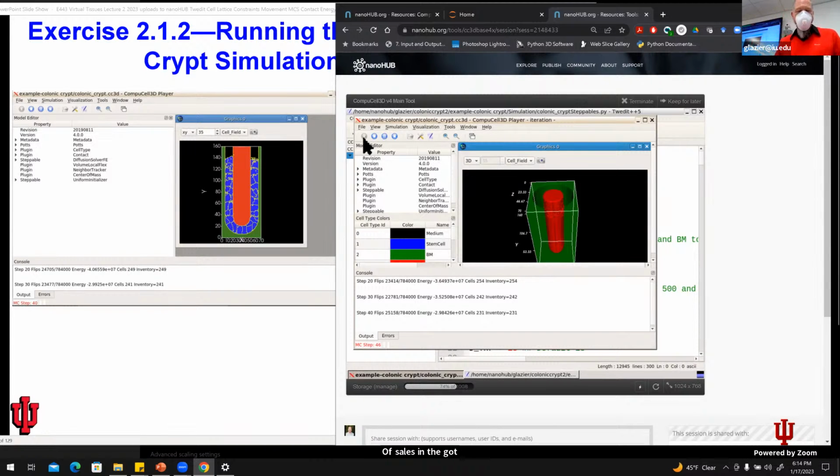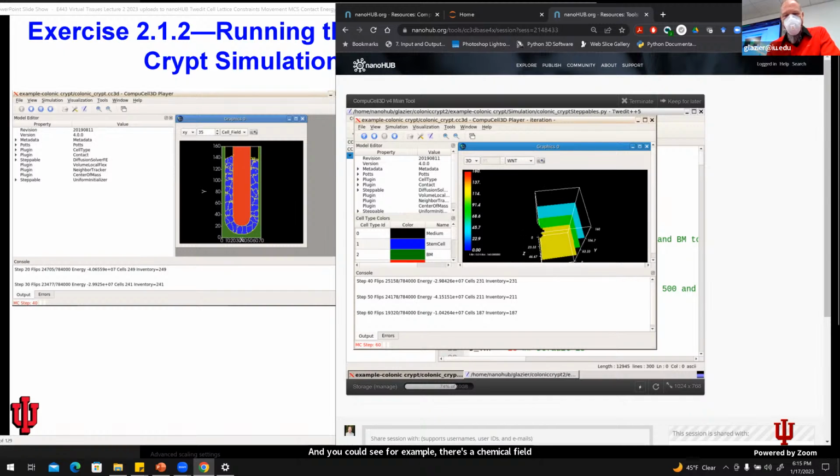So in this particular simulation, there are stem cells at the bottom of the colonic crypt. Those stem cells differentiate based on signals in their environment and lead to the migration of cells upward to the top of the colonic crypt, where they're eventually sloughed off and die. And you can see, for example, there's a chemical field, which is the WNT gradient, which you can visualize here.